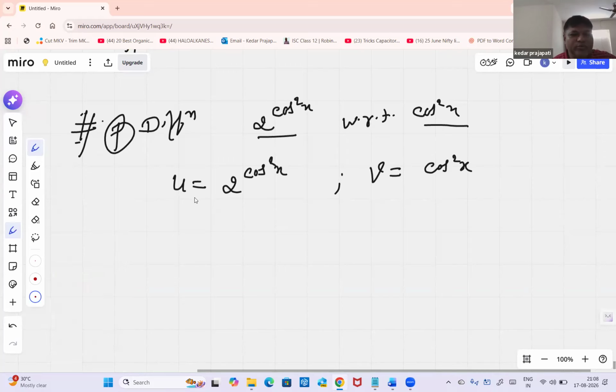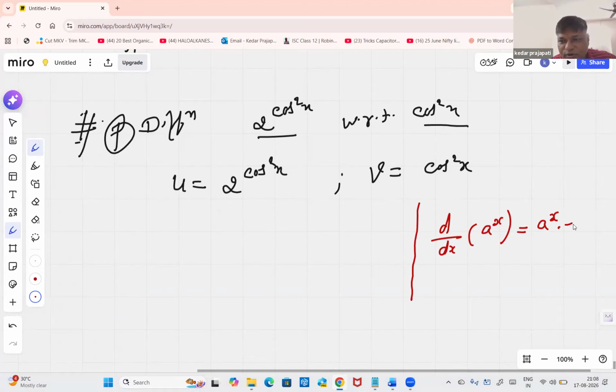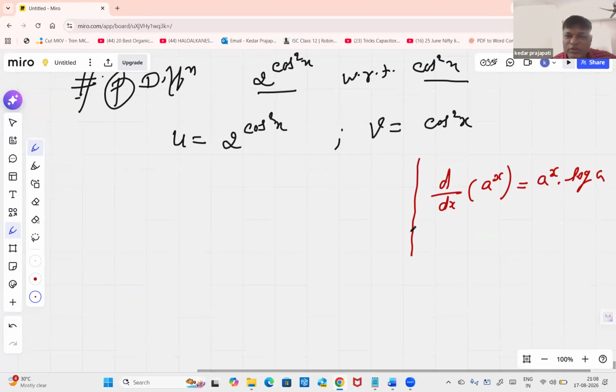Now we know what formula to apply here. d by dx of a constant to the power x will be a to the power x into log a. Clear this? So here in place of x, what we have? Cos square x. Right? And this is u, and this is x. So differentiation will be with respect to x.